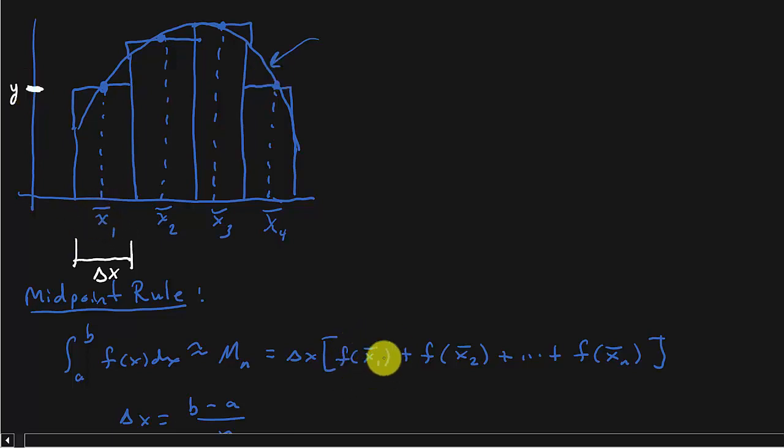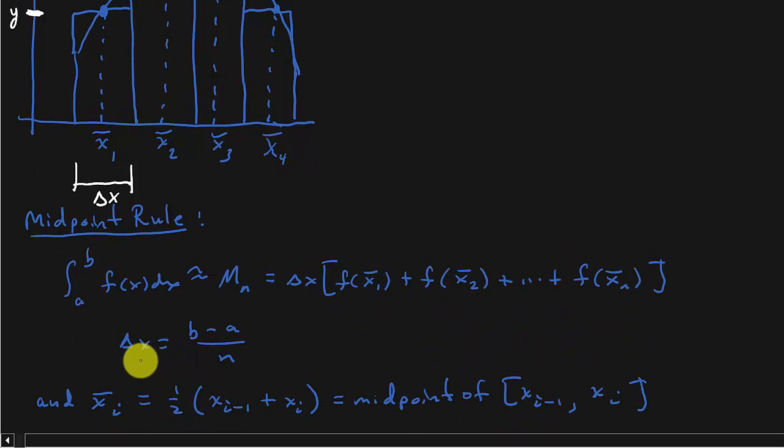That's what we're doing here. So we've got the width times the height plus the width times the height. I can distribute that delta x to each term, but we're factoring out the width of the rectangle, this delta x, and that's why it's outside the parentheses. These are just the heights of each rectangle.